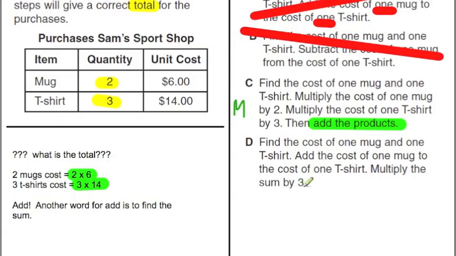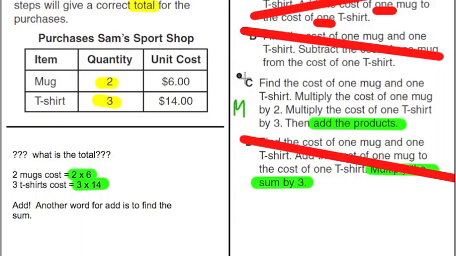That one's not making too much sense because it's multiply the sum by 3. That doesn't make much sense because I have a total of 5 items and they cost two different amounts. So that one's not going to work either. So it looks like for this one, our answer is C.